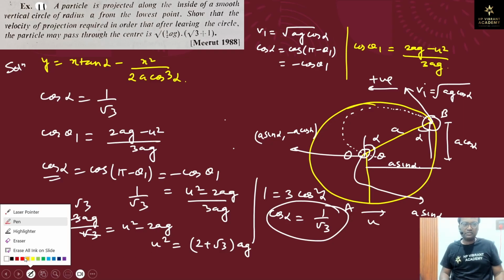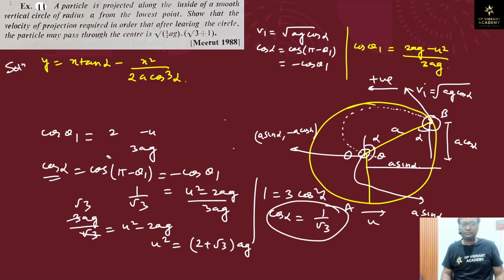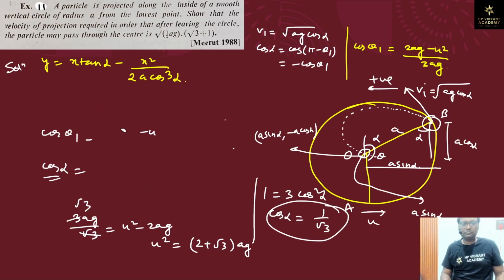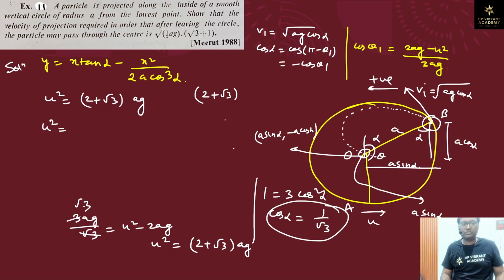Okay, so this we can further simplify. u square is equal to 2 plus root 3 into ag. Sorry, what is the expansion of 1 plus root 3 whole square? 1 plus root 3 whole square is equal to 1 plus 3 plus 2 root 3, which is 4 plus 2 root 3.